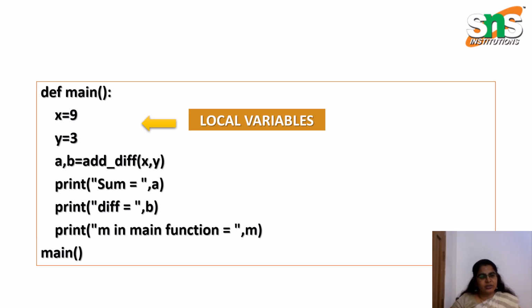And now I am going to declare dummy variables a comma b, to store the values returned for x comma y, because we are going to find the sum and difference of the two variables. Now I am going to print sum is equal to a, and another variable, difference is equal to b. Finally I am going to print m in the main function, which is a global variable, and now I am calling the main function here.